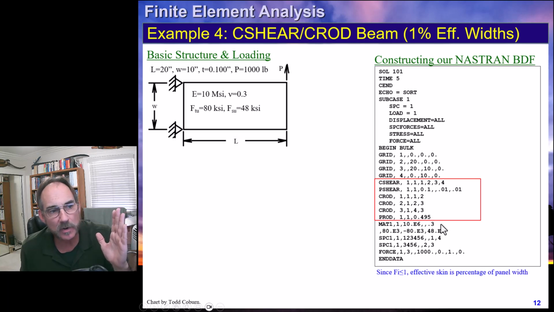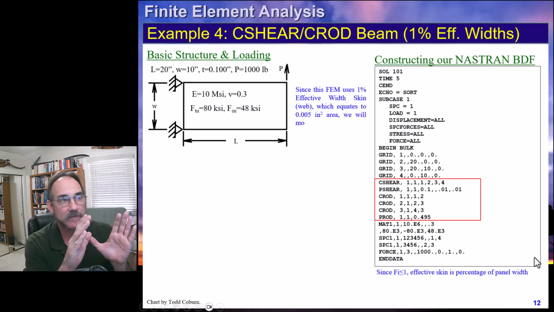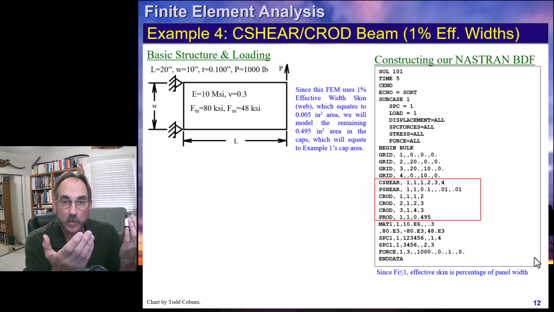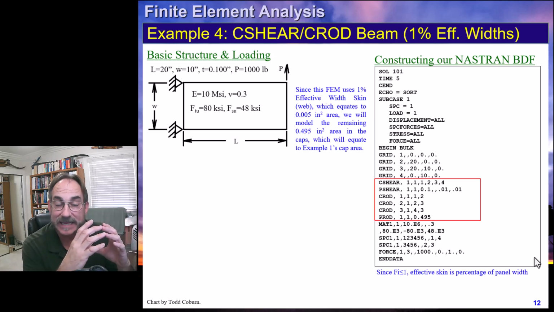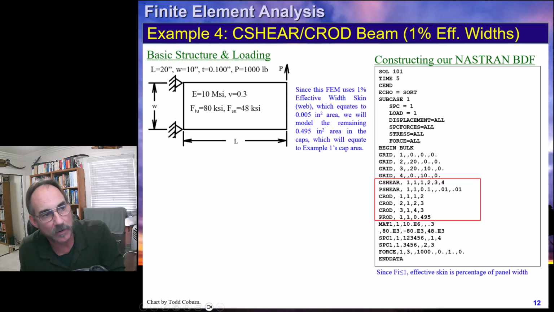And we're going to give those rods area such that we have the same area as we did in example 1. Now remember, this model is using 1% effective width of skin, which comes out to be 0.005 inches squared of area. That leaves, if we want to model that first example, which had a ½ inch of area in the caps, we will model the area of the caps of each CROD with 0.495, as you see here on the PROD card.